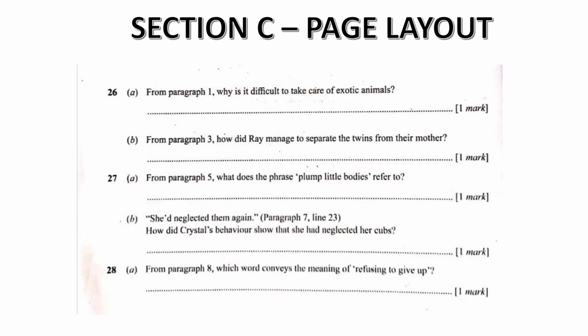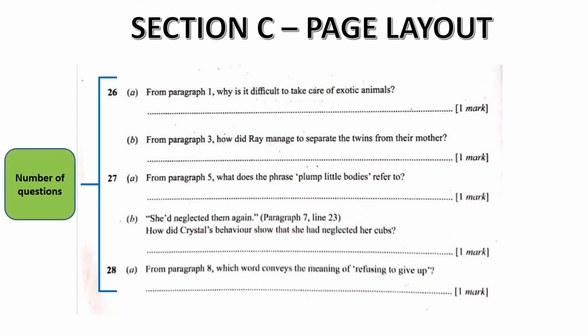Next are the comprehension questions. The numbers on the left are the question numbers. The questions for Section C begin from 26 until 31. 31 is the summary question. For each question, there may be sub-questions. For example, for 26 there are 26A and 26B, then 27A, 27B.